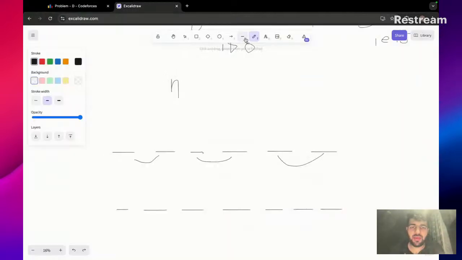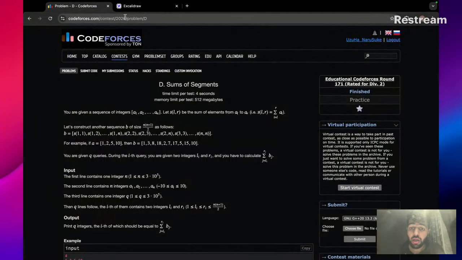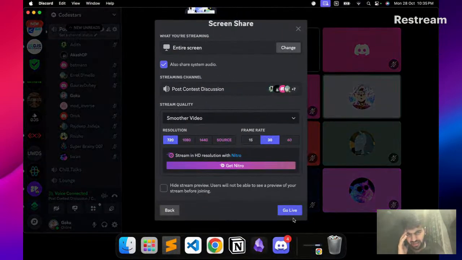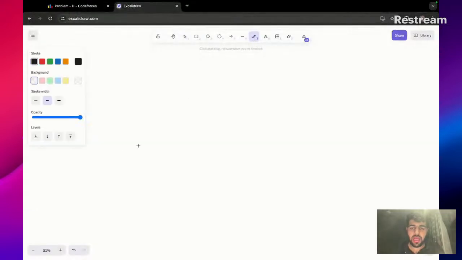Like let's say I have my B here. Now I go to an L and R. Share the screen. The first thing that comes to my mind is that I have a few of these elements.